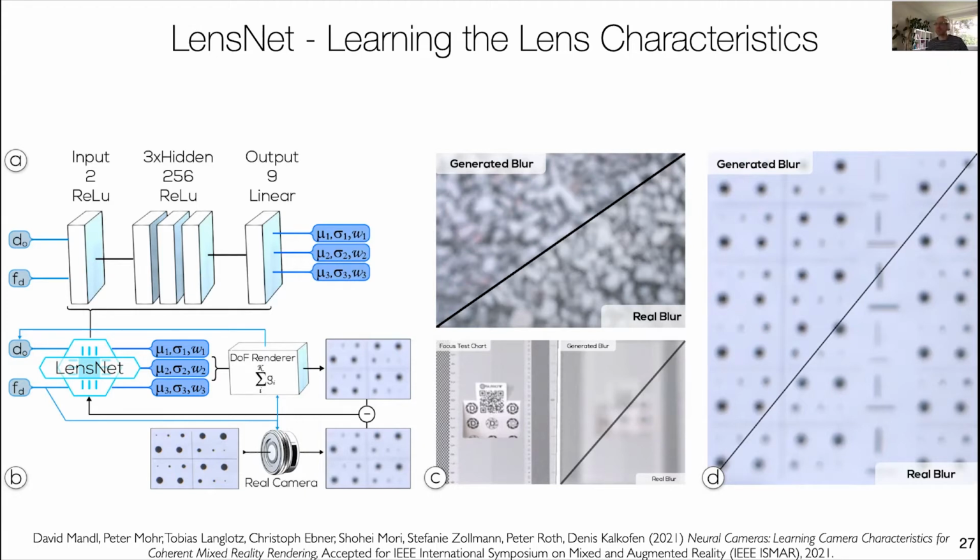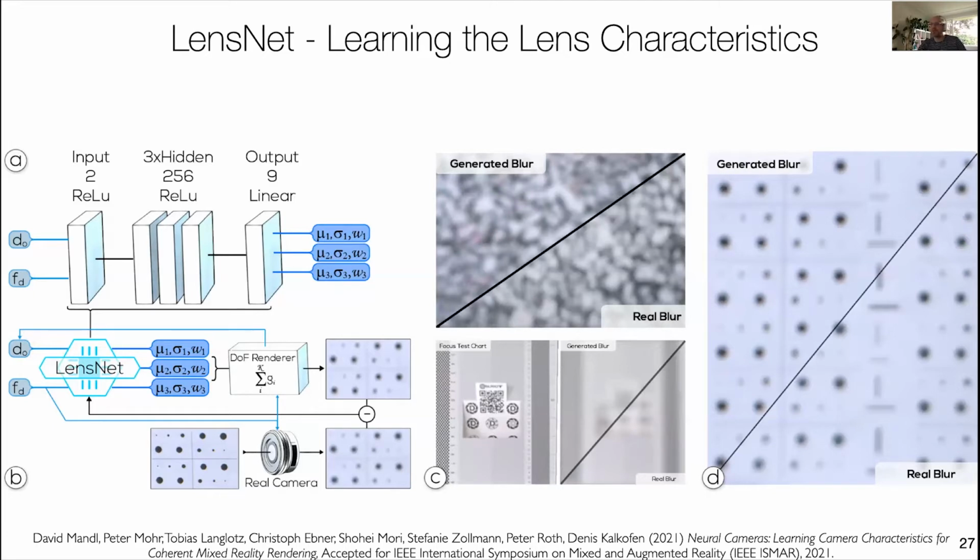These are just some results on the right hand side, where we see the generated blur. This is from an image which was in focus, but we simulate the blur that would be exhibited by the lens, because it was more, for example, at the corners, and there is a general softness in the corners for most lenses.